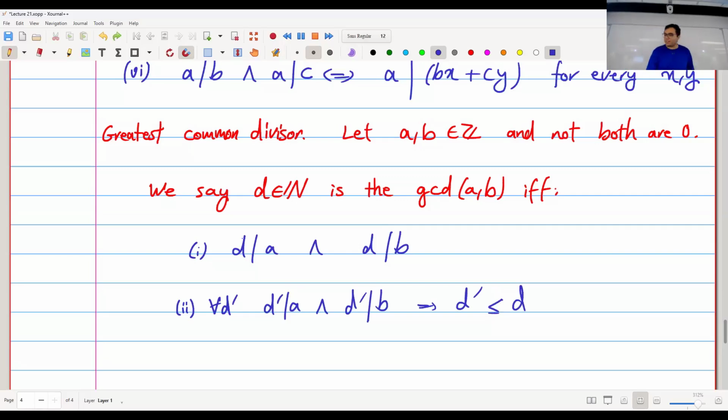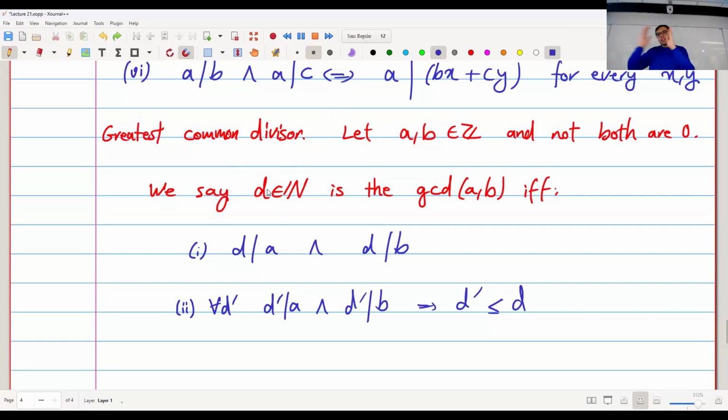Now, if I went with the previous definition, my life would be so much easier, right? So if I go with this definition, I can be sure that the greatest common divisor exists, right? Because, look, I can look at the set of all divisors of A, I can look at the set of all divisors of B. I can take the intersection of these two sets, that's going to be the common divisors of A and B. But then I'm saying I'm only looking at the non-negative ones, right?